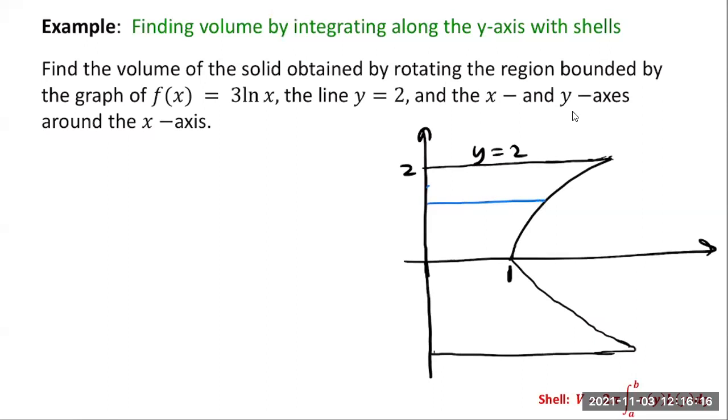This is my representative shell. Notice that this shell has a thickness, but I draw a single line, assuming that my thickness is very, very small, okay? And here is my representative shell.